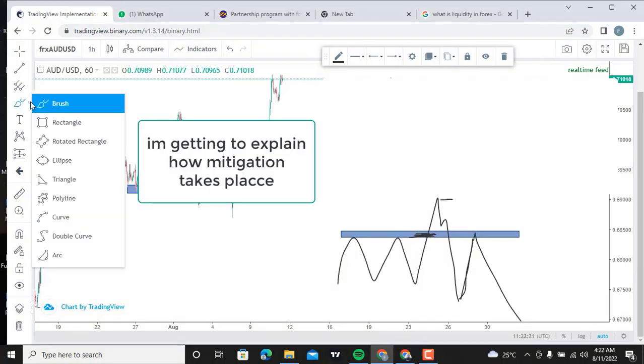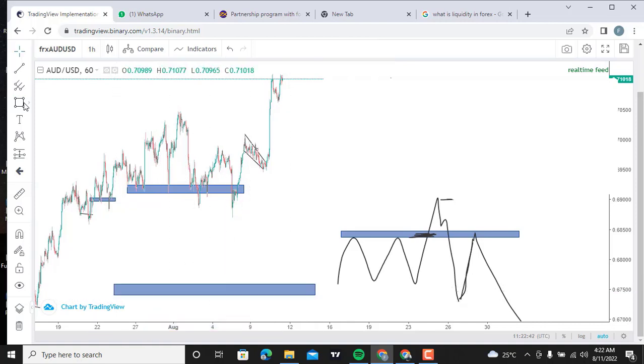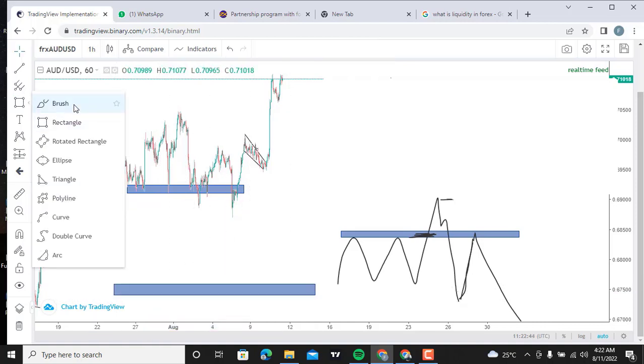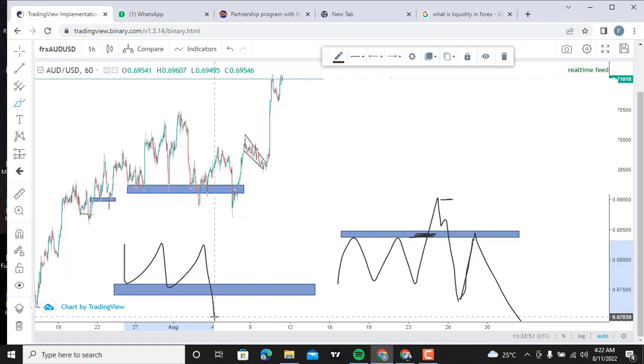Where we have a support zone. Okay, so you see that when price gets rejected once, it gets rejected a couple of times, at least more than one. Once it breaks through the zone, it grabs liquidity, and then you see that it moves back up. The same concept applies here, now from an opposite angle of view.